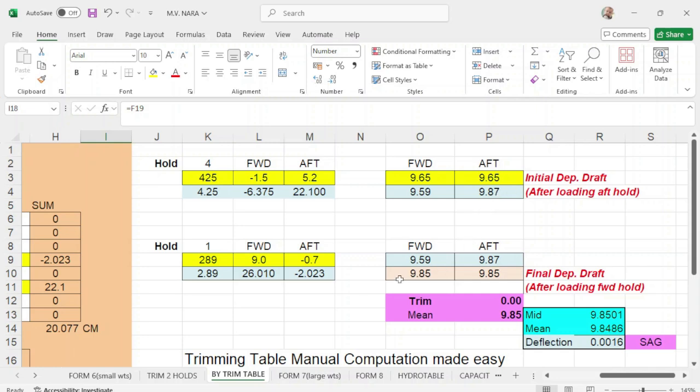After loading number 4, you load number 1 of 289, and your departure drop forward will be 9.85, up drop will be 9.85, you have 0 trim, your mean is 9.85, then you have a 0 deflection.